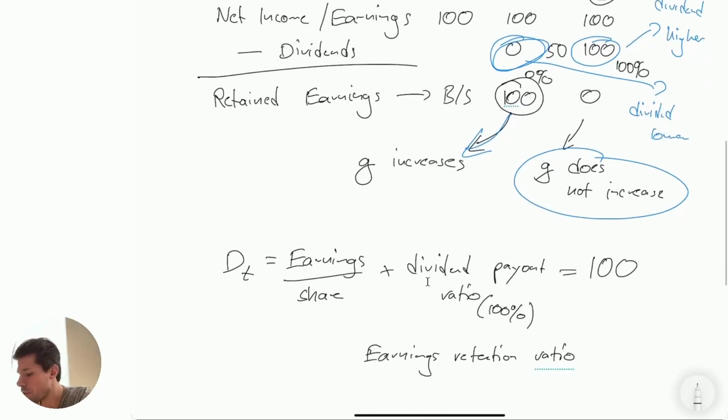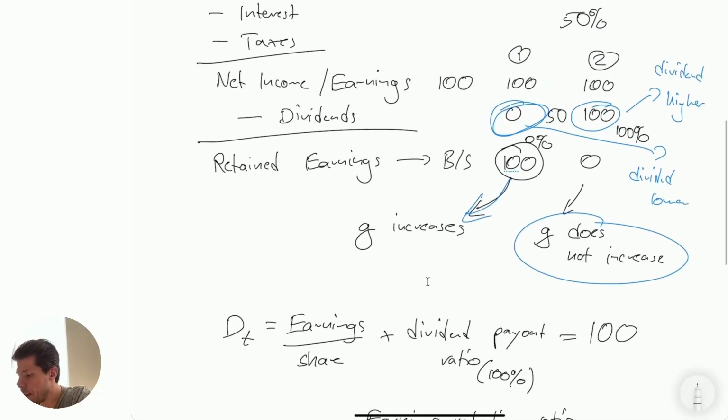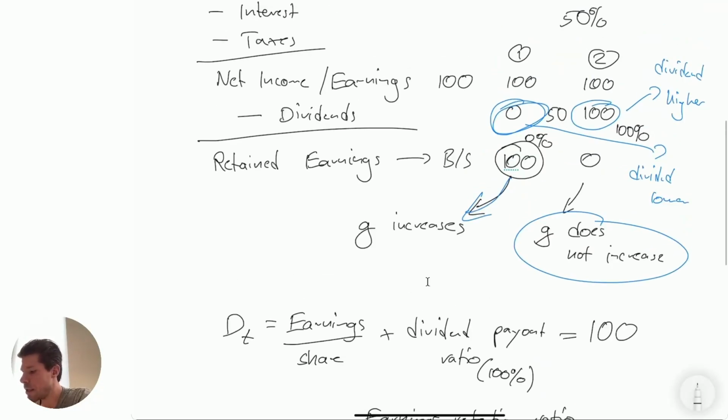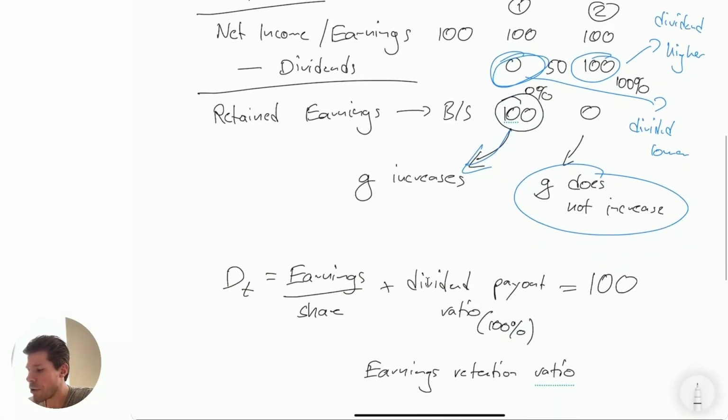Sometimes it's called the plowback ratio. It's the same. If your dividend payout ratio is 50%, your earnings retention ratio is 1 minus 50%, so 50%, and so on. So it's exactly the opposite. The dividend payout ratio is the proportion that is paid in dividends, and the earnings retention ratio is the portion of total earnings retained.